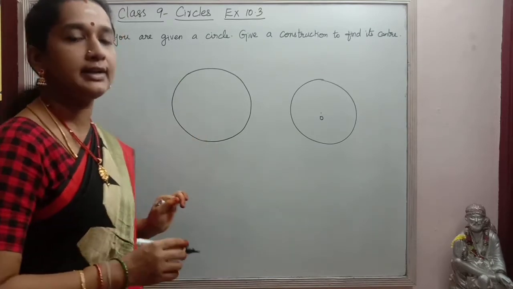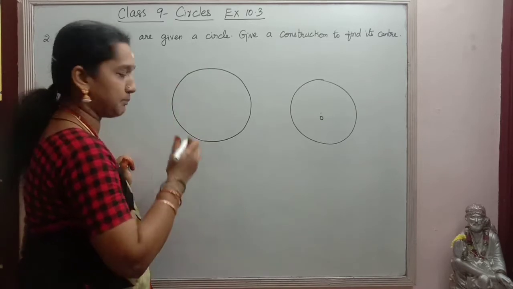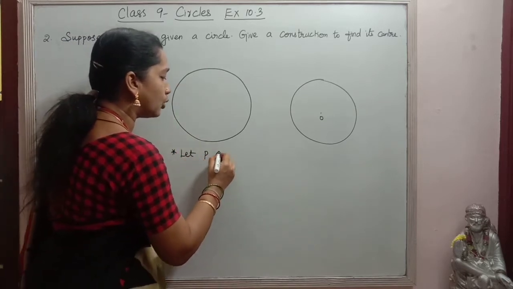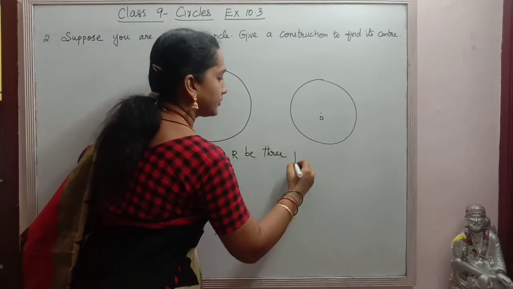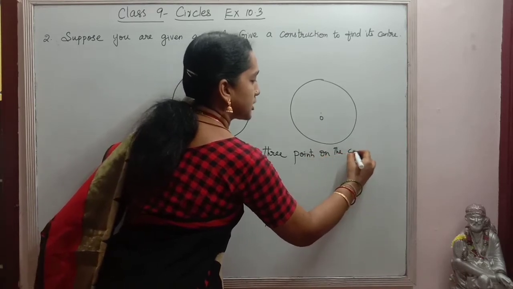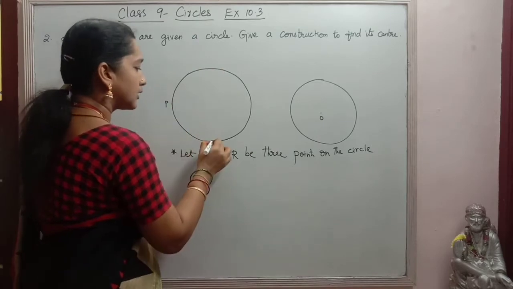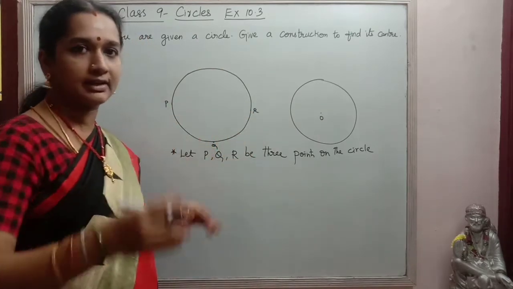So for finding the center of this circle, we will take 3 points. Let P, Q, R be 3 points on the circle. So first, on the circle, we are marking 3 points, P, Q and R. Anywhere they can be taken.